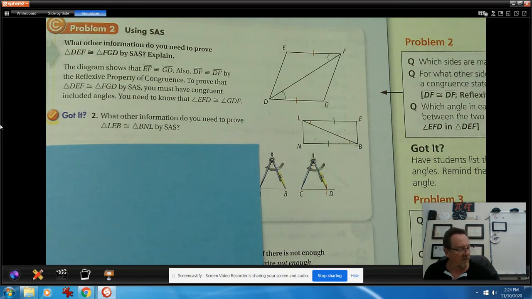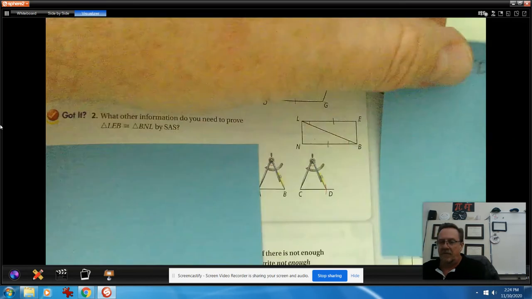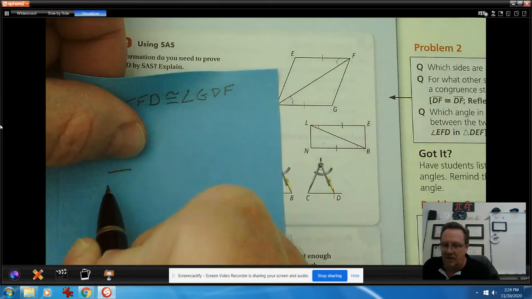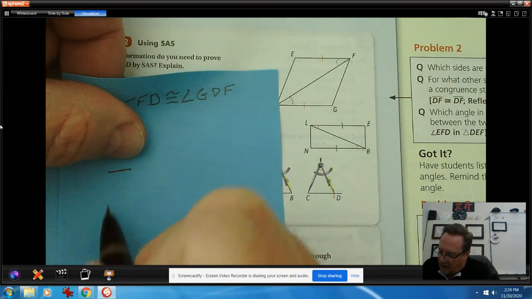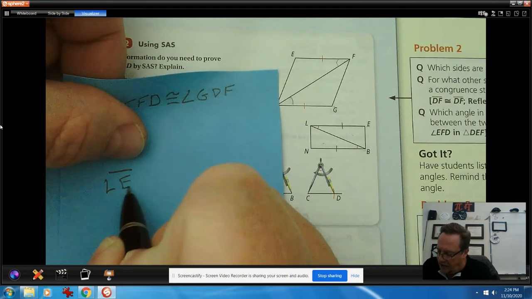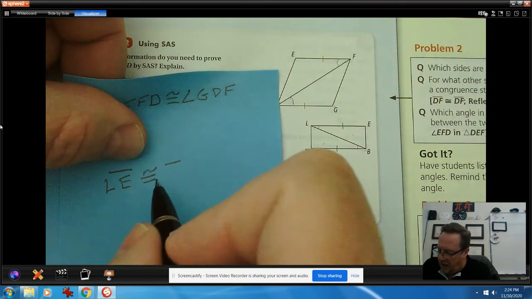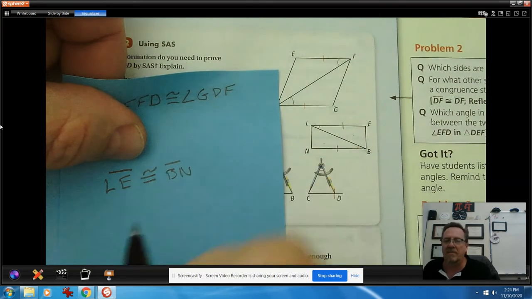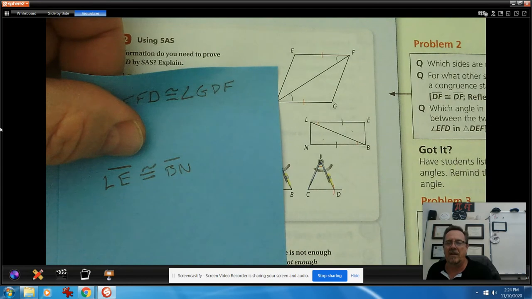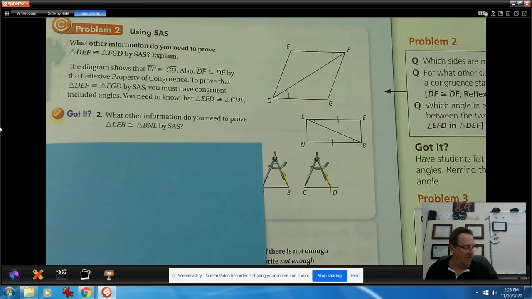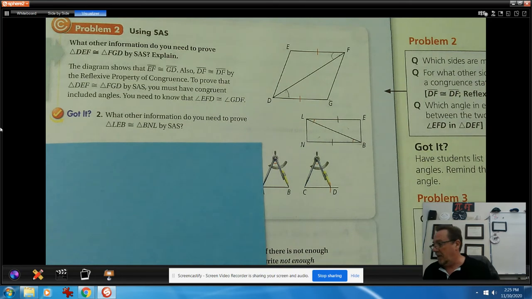And if you're going to write down some information on that, you'd have to say, side, your little segment symbol, side LE congruent to side BN. There's the missing information that I would need to say that the triangles are congruent by side angle side. All right? And that's how I'd write it, like that. That's why it's important to know how to write things like segments and angles.